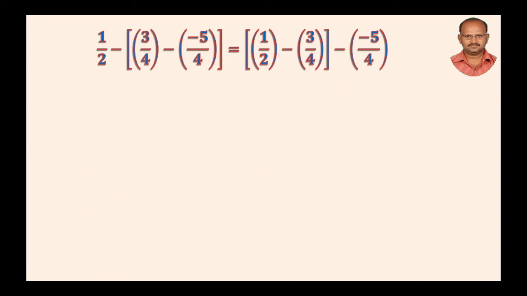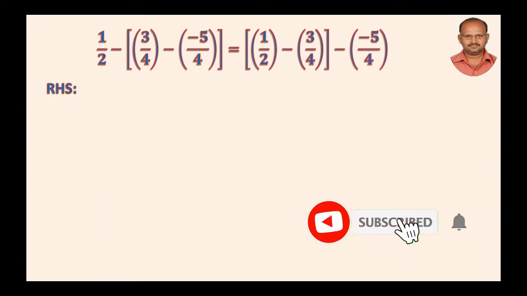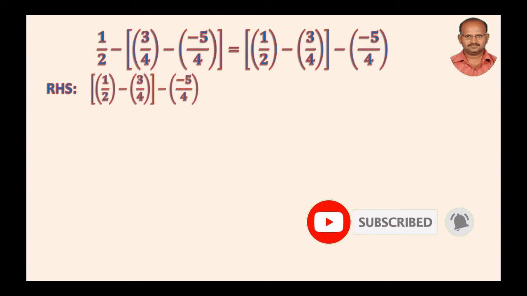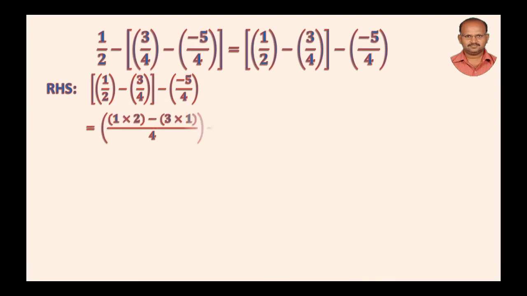Then go to RHS. RHS is equal to within bracket start 1 by 2 minus 3 by 4 bracket close minus of minus 5 by 4, that is equal to 1 into 2 minus 3 into 1 by 4. Here LCM is 4, minus of minus 5 by 4.